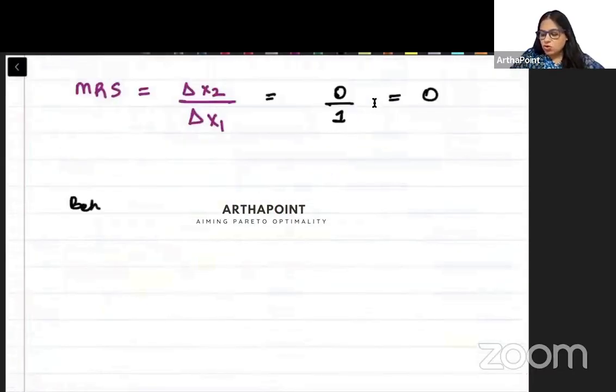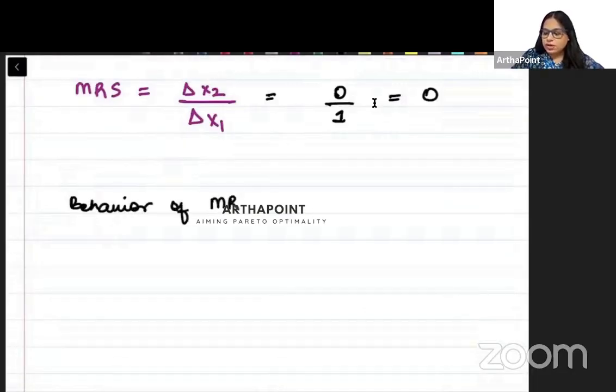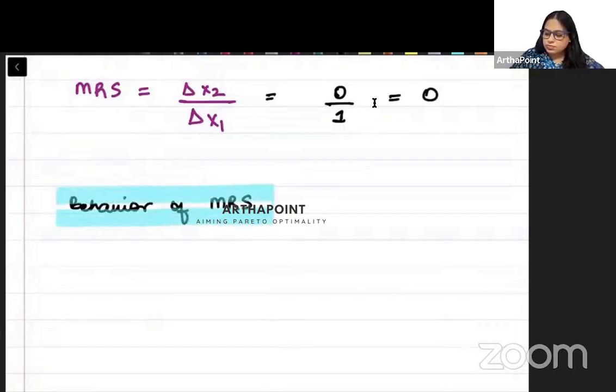Now, let us talk about the behavior of MRS. ठीक है बेटा, claim.